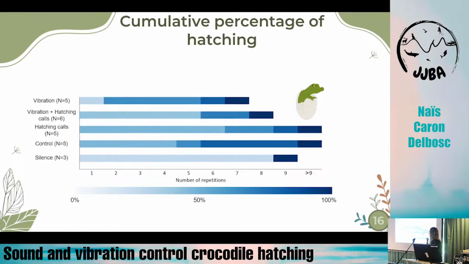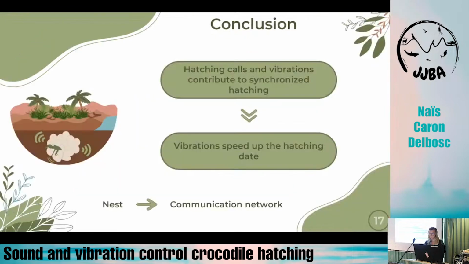And we see in this figure that embryos tend to hatch earlier when stimulated with the vibrational stimuli compared to the other one, and that exposure to hatching call doesn't have this comparable effect.